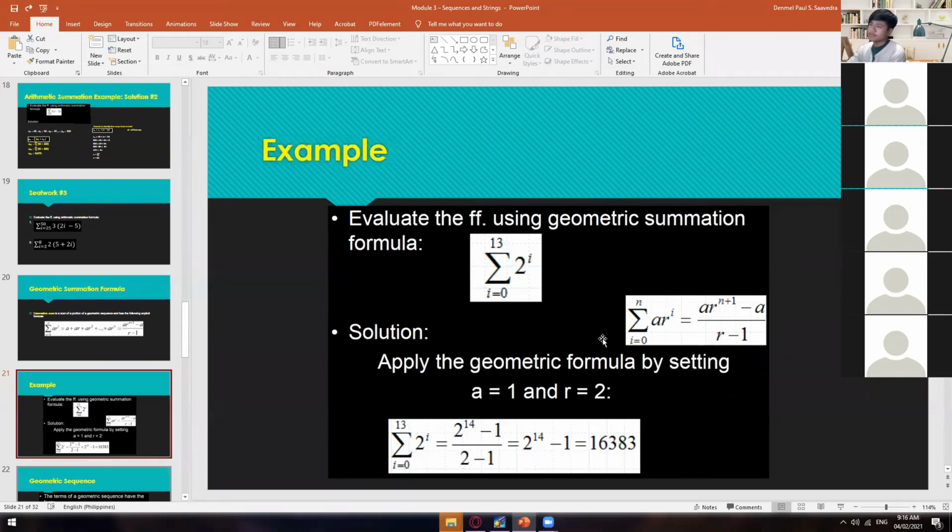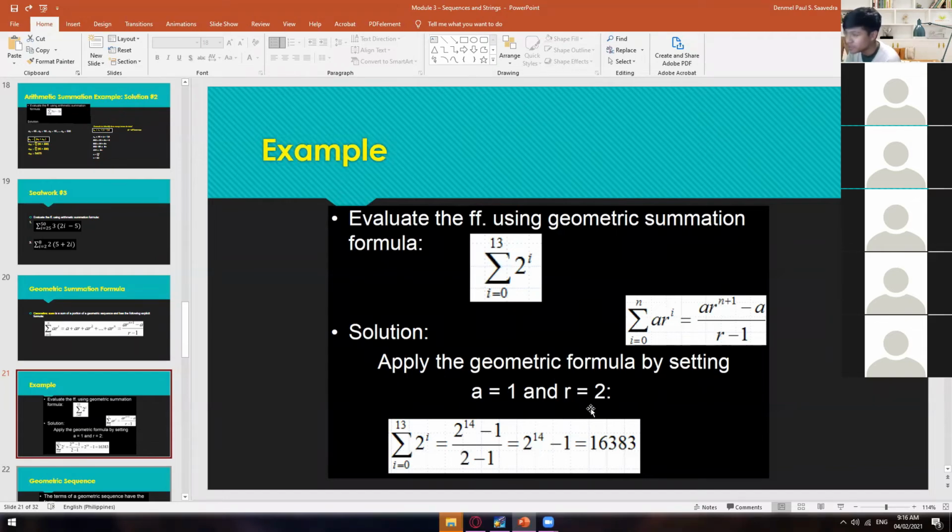So were you guys able to grasp the idea regarding this formula? Hello? Are you guys still there? So the only confusing part is this one, okay? The values of a and then r.